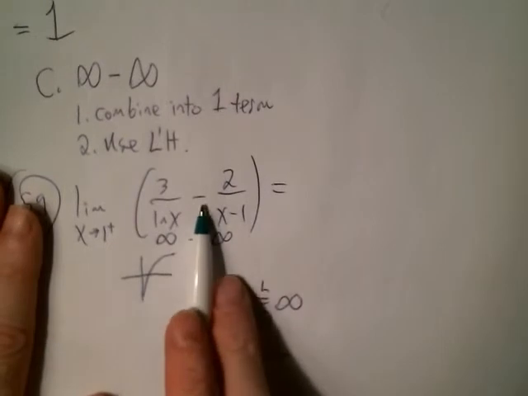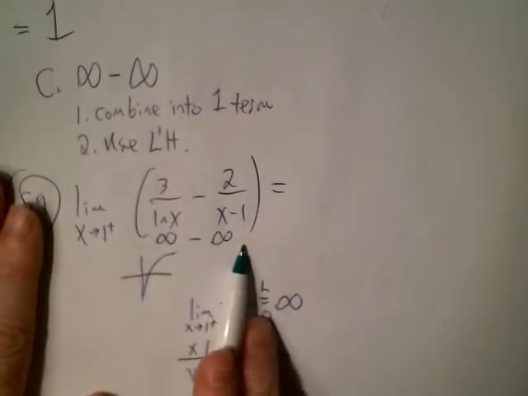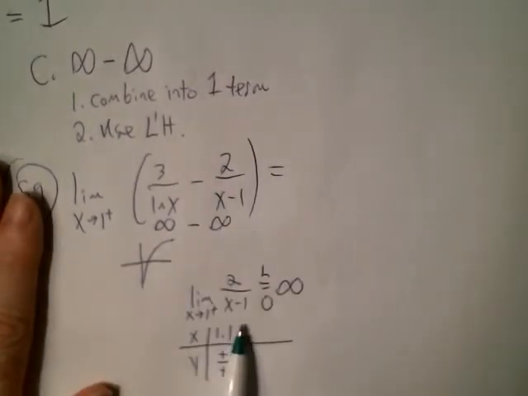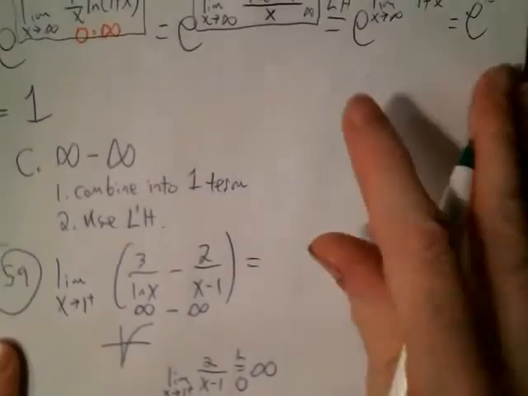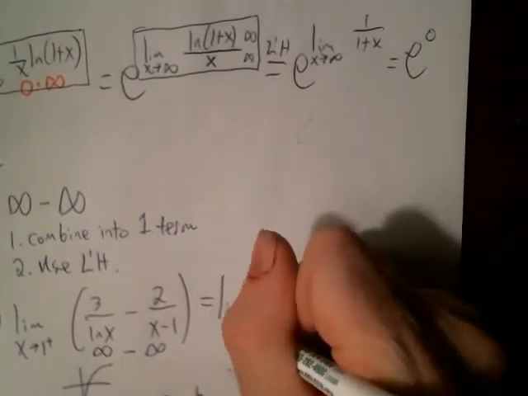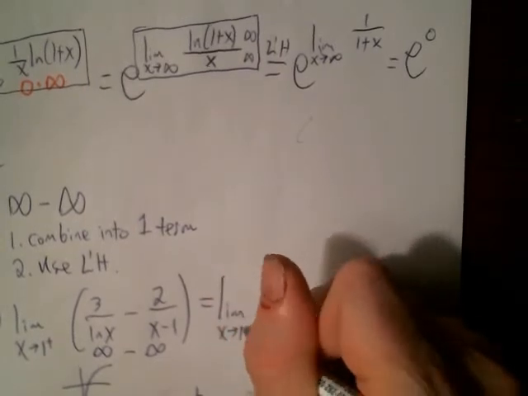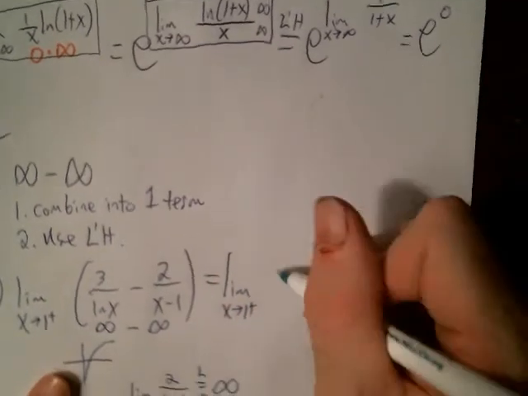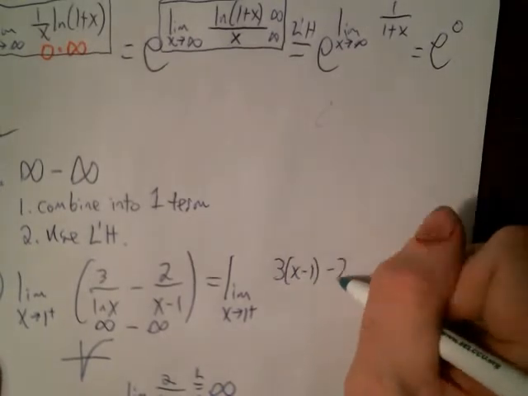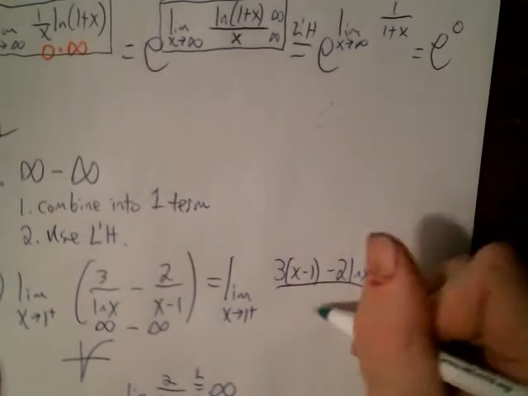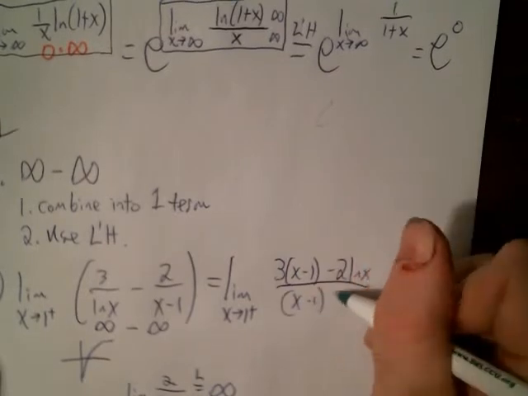Because it's subtracted, it's minus infinity. But if I was just looking at the limit on its own, this part would be positive infinity. So I need to find a common denominator, long story short. I'll have 3 times (x minus 1) minus 2 times ln of x, all over (x minus 1) times ln x.